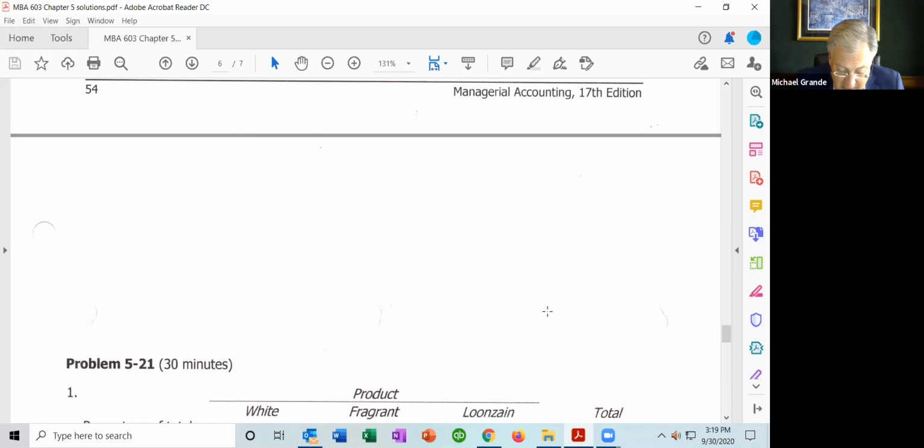Budgeted sales by product and in total for the coming month are shown below. So they have 3 different products, with total sales of $750,000. And you can see they have a certain sales mix: 20% white, 52% fragrant, 28% Lunzan.